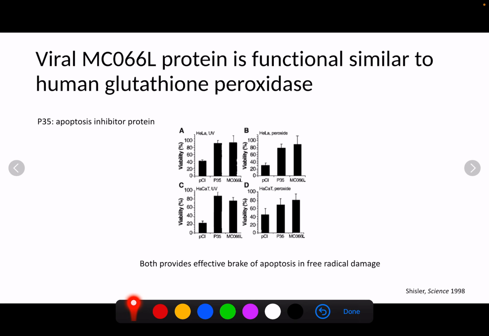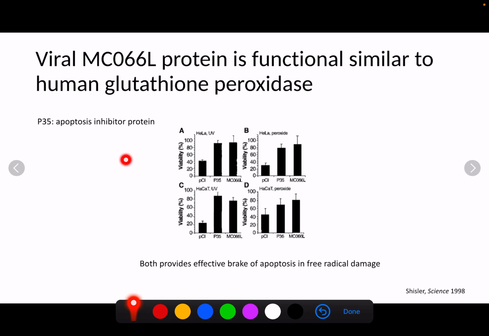Next, with the next figure, we have the protein encoded by the MC066L gene, which is functionally very similar to human glutathione peroxidase. P35 here is the negative control; it is from another virus and is an apoptosis inhibitor protein.